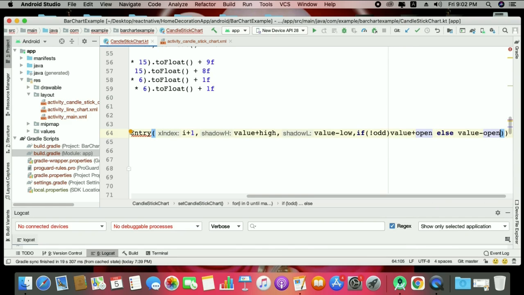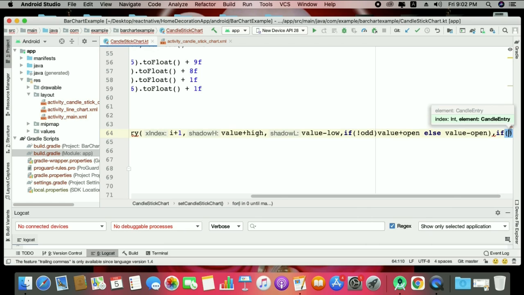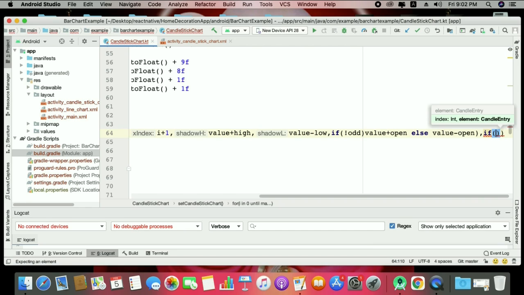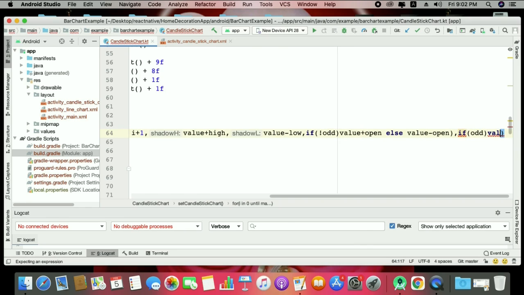So there will be some changes in that. Okay, and the last one is your close value. So you can say if not equal to odd, or sorry, if equal to odd, because we already worked with the not equal to odd, then value minus close, or you can change it like else value plus close.